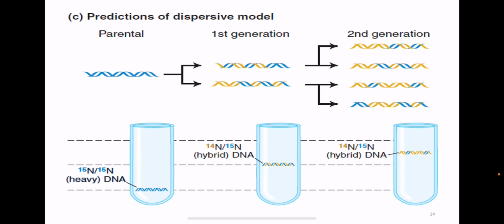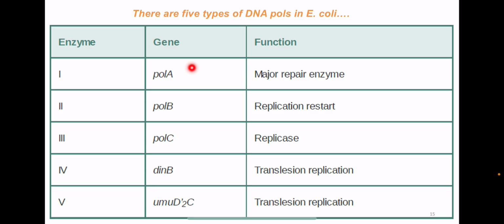And this is how we predict the conservative. Dispersive is something like this, okay. So dispersive too is going to act like the semi-conservative, and I think this is where the second generation plays a role, okay. So you do second generation replication, you realize it will be floating around in the middle, but not exactly where you found the first generation molecules, okay.